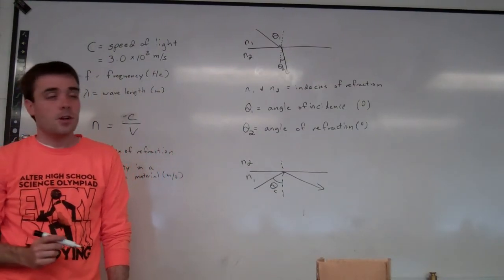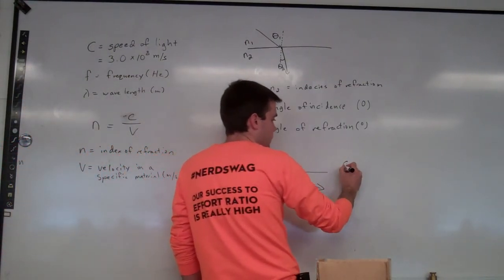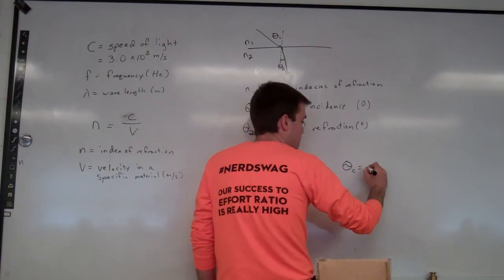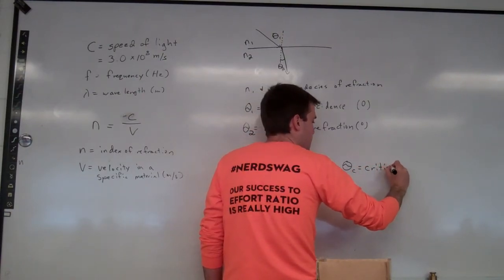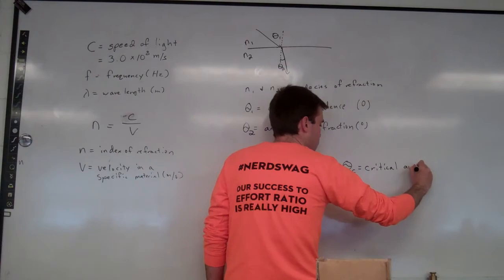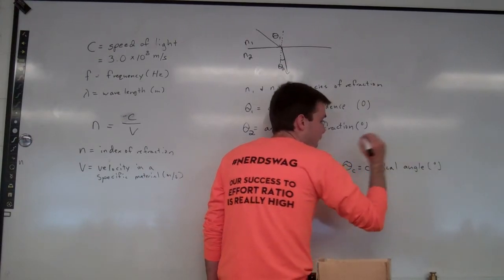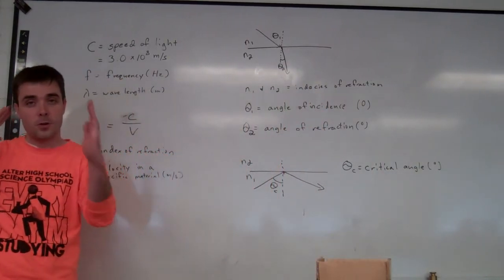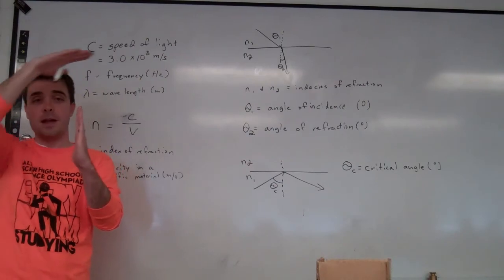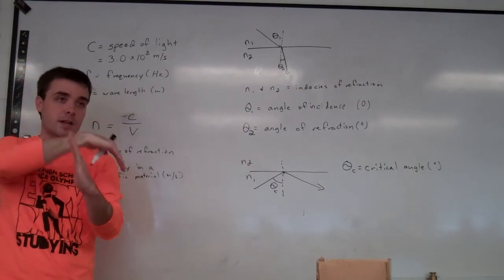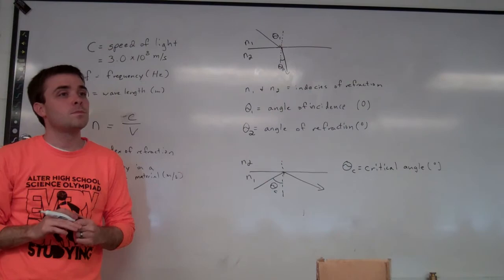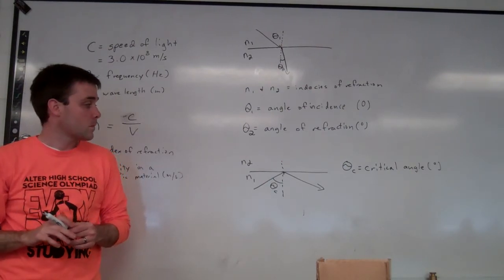So theta c is called the critical angle. Instead of going from water to air and bending, it just stays in the water and gets reflected.